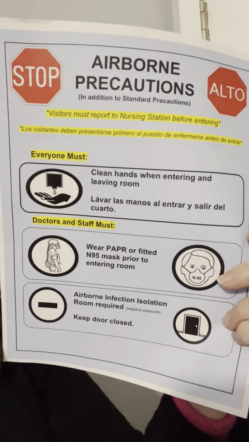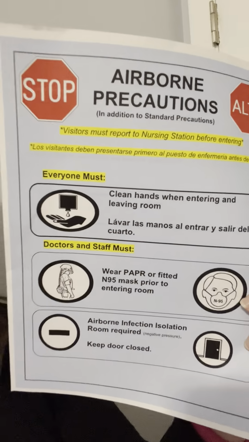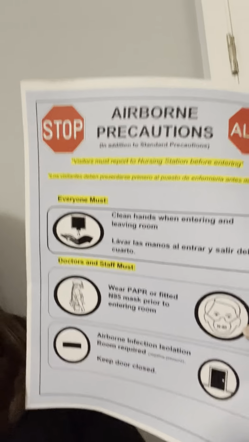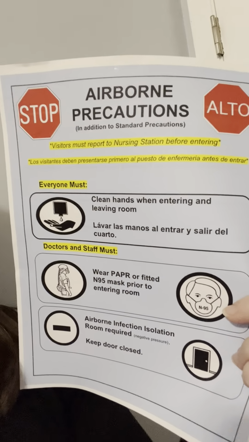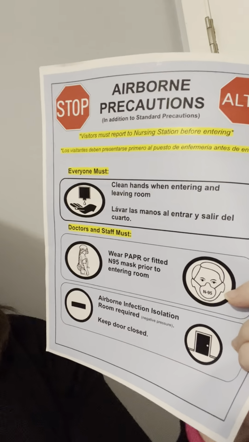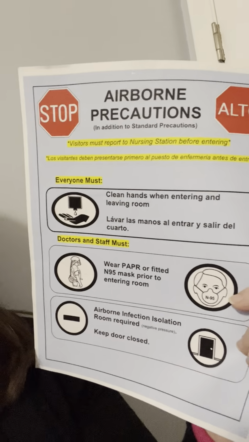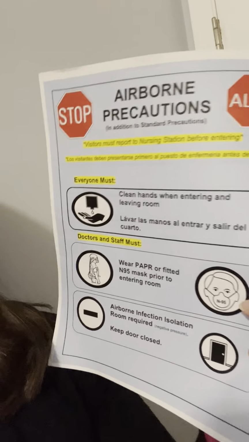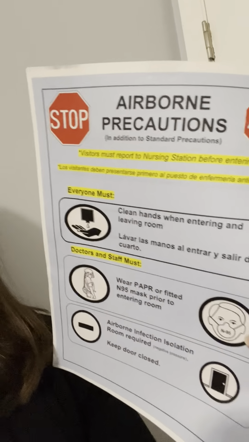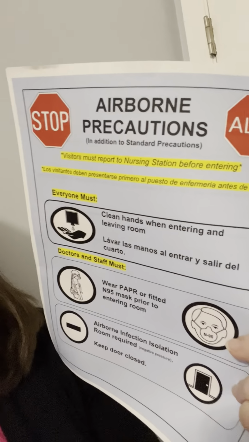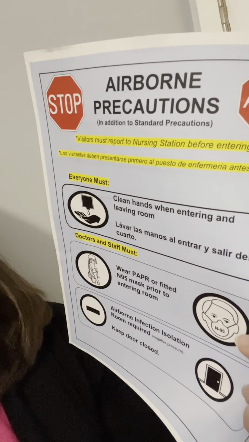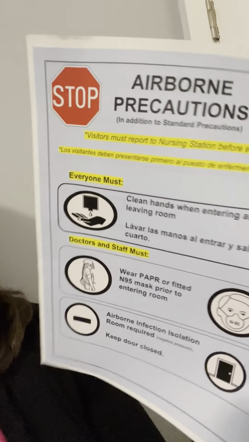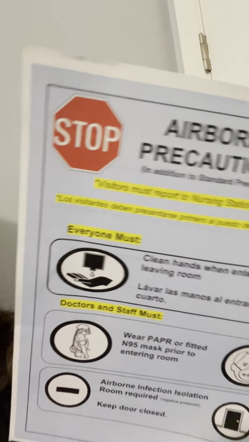That's a negative pressure room, and the door should always remain closed when patients are on isolation. A lot of the doors have been open, and this can spread disease because, again, you got to remember that these droplets or aerosols are traveling in the air. So we want to try to keep that isolated by keeping the door closed as much as possible.